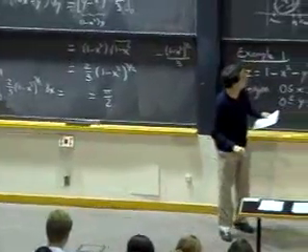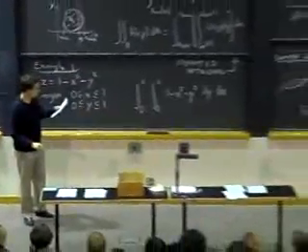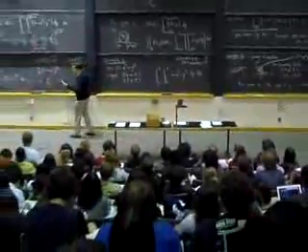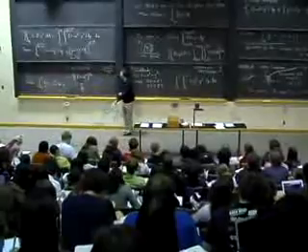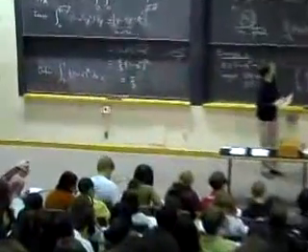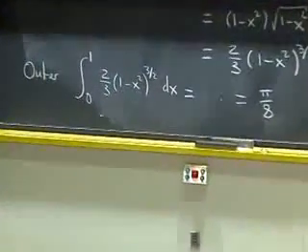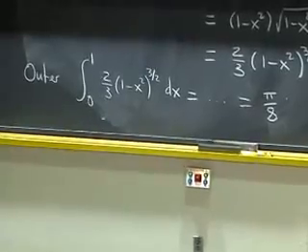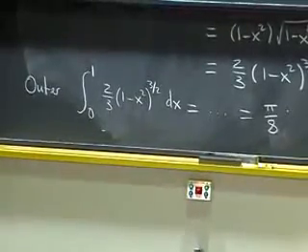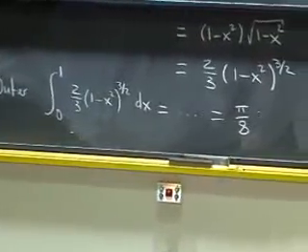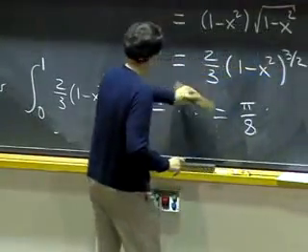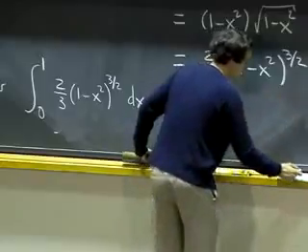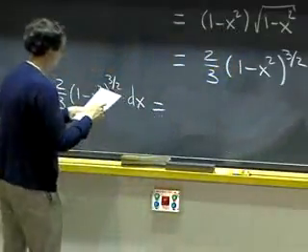Is it pi over 2 or pi over 8, actually? I think it's pi over 8. Okay, well, I guess we have to do it then. I wrote something on my notes, but it's not very clear.